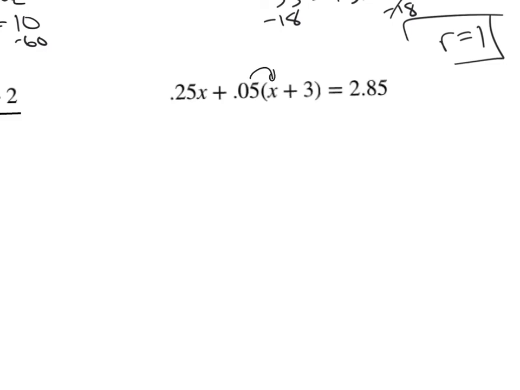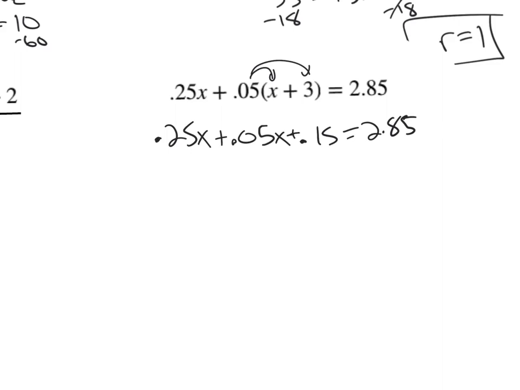So taking the 0.05, multiplying it times those two, so 0.25x plus, here this is just going to be 0.05x, 0.05 times 3 ends up giving us a 0.15. Equals 2.85. So now I just want to combine my like terms. So now I have our two different x terms that I'm going to combine. So 0.25x plus 0.05x ends up being 0.3x plus 0.15 equals 2.85.